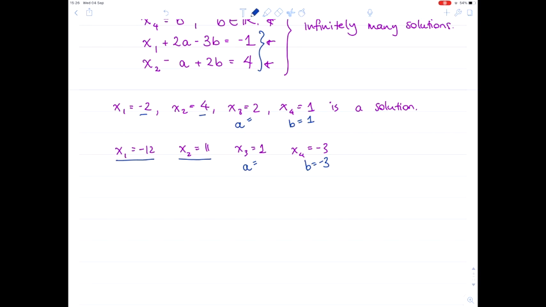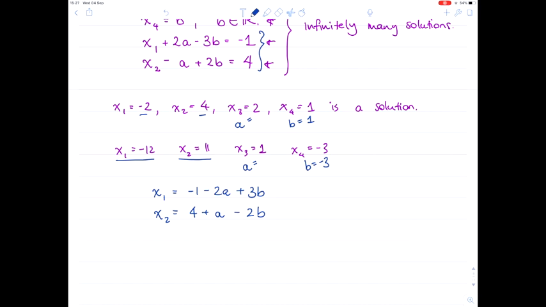So how can we go about writing the entire solution set? Well, we're going to need some set notation. First of all, let's write x1 and x2 in terms of a and b. So I'm going to say x1 is equal to minus 1 minus 2a plus 3b. We know that x2 is equal to 4 plus a minus 2b.